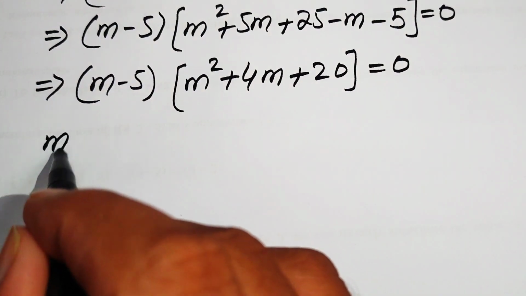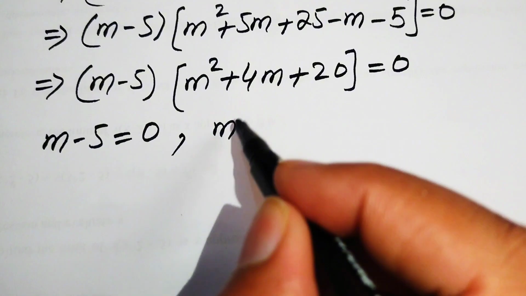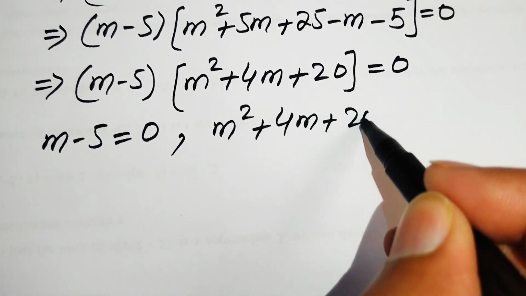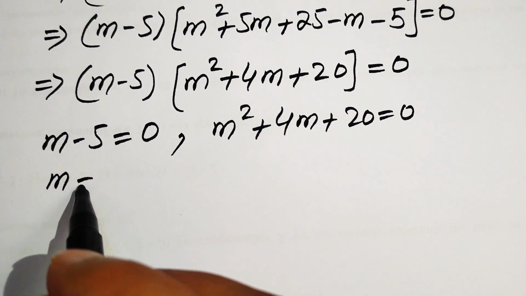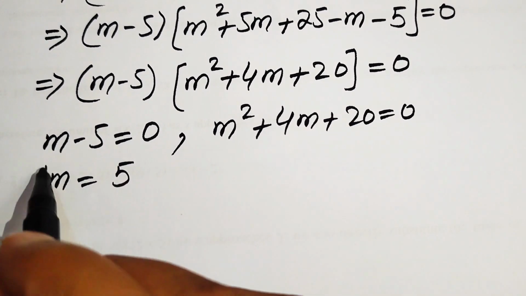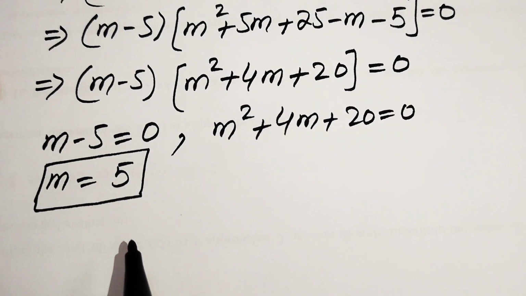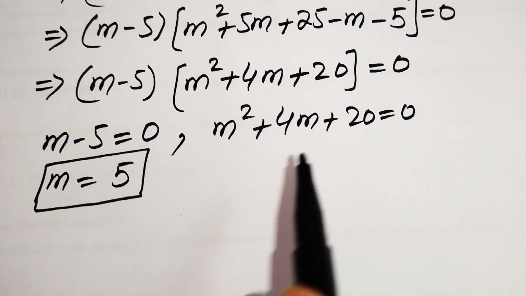Our first case is m minus 5 equals 0, and the second case is m squared plus 4m plus 20 equals 0. In the first case, we easily get the first real root of the given question, m equals 5, and now to find the other roots, we need to solve this quadratic equation.